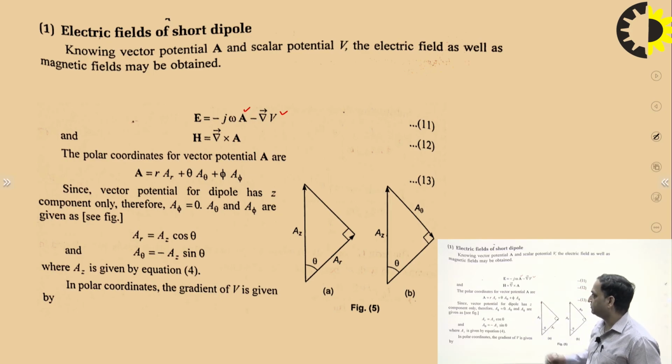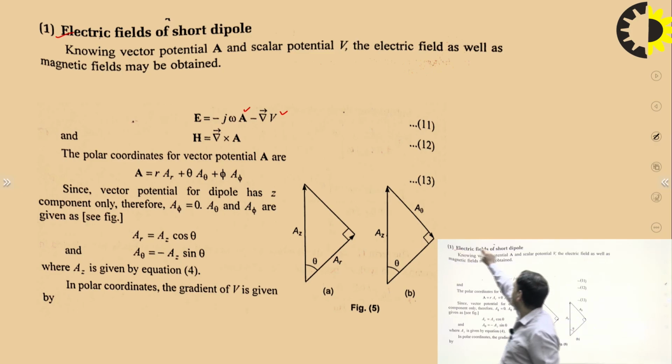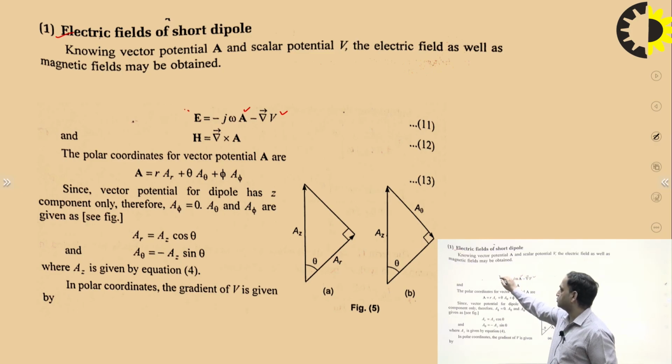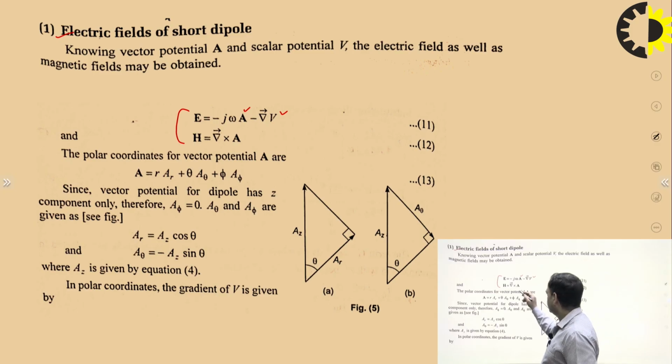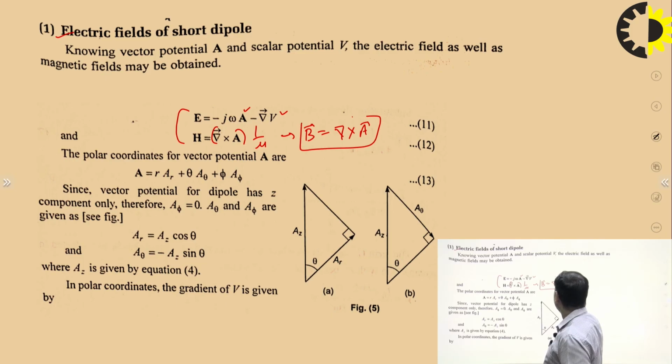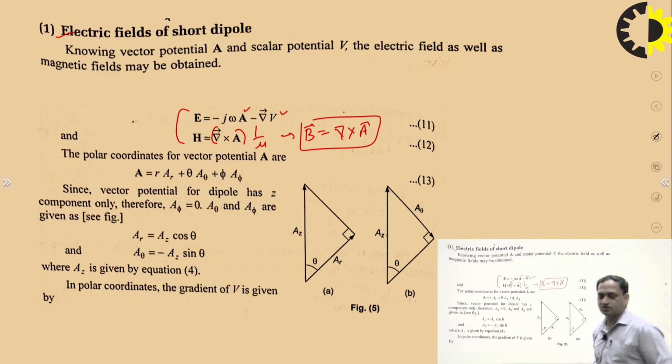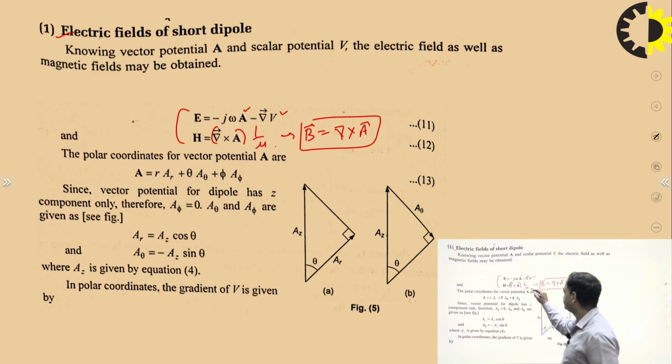By solving for the electric field of the short dipole, we know these two Maxwell's equations: E is equal to minus j omega A minus del V, and the second one is H is equal to del cross A. We have to write it with 1 upon mu as well, because we know the formula B is equal to del cross A. So H will be equal to del cross A into 1 upon mu naught.